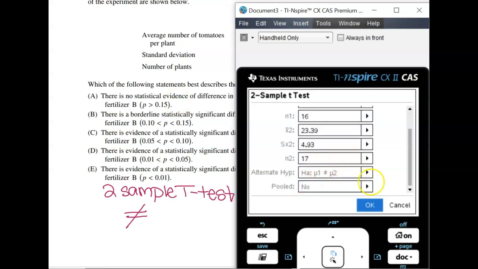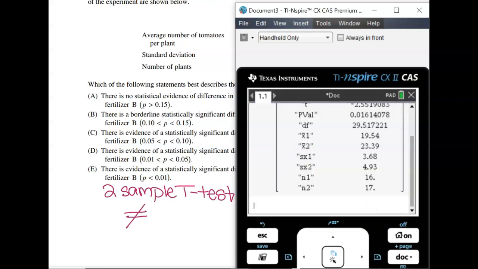We are trying to ask, if you notice what I wrote right here, they're just asking if it's different. So this is going to be two-sided, and we're going to say that sample one is not equal to sample two. I'm going to hit OK, and it's going to give me my p-value. My p-value is 0.01614.